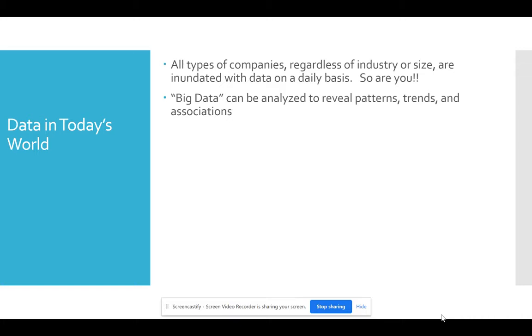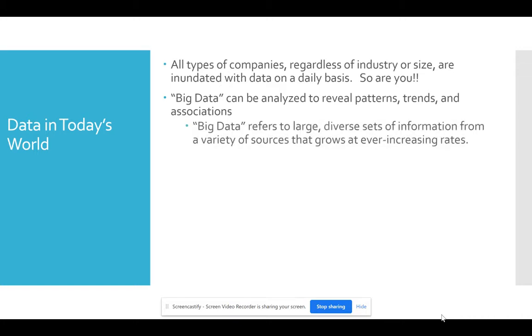Quote, big data can be analyzed to reveal patterns, trends, and associations. That term, big data, is new, it's recent, but it refers to large, diverse sets of information from a variety of sources that grows at ever increasing rates.